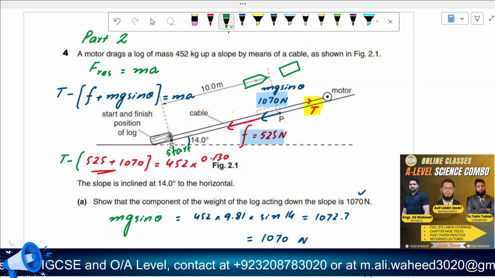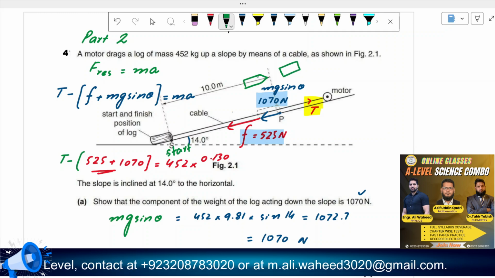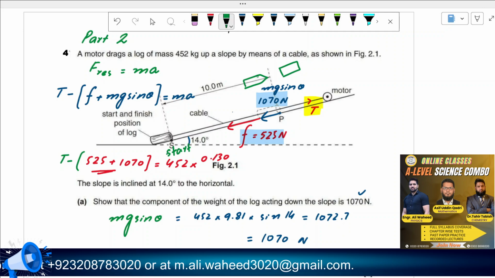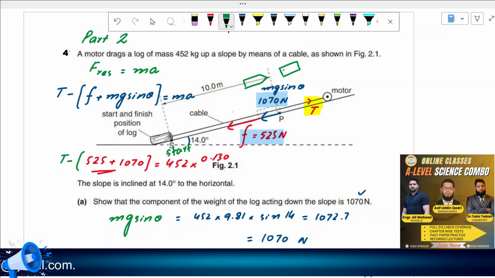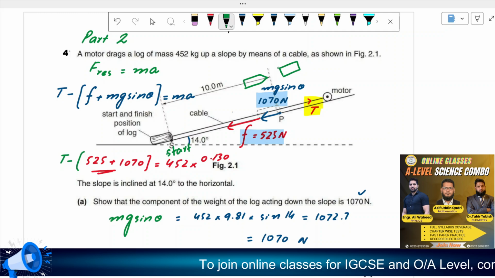It'll move probably 2-3 meters due to the momentum, due to the inertia. It continues the motion, but eventually its speed would slow down and be reduced to 0.